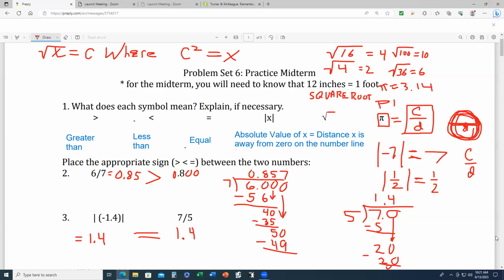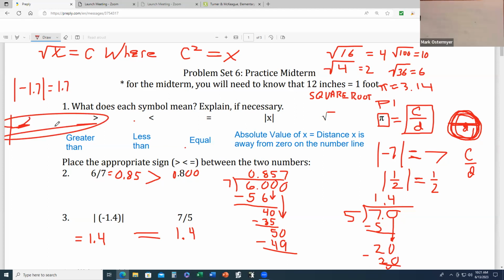Okay. Whenever you take the absolute value of any number, I don't care if it's a decimal, fraction, whatever, it always reports the positive of that number.